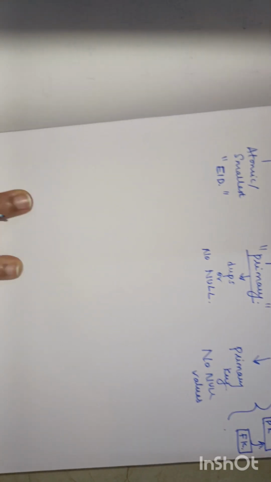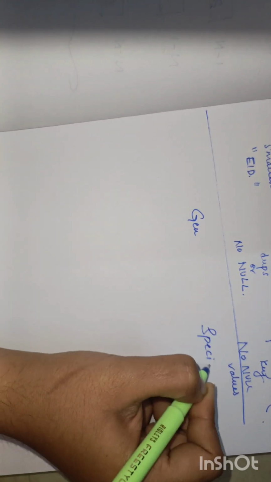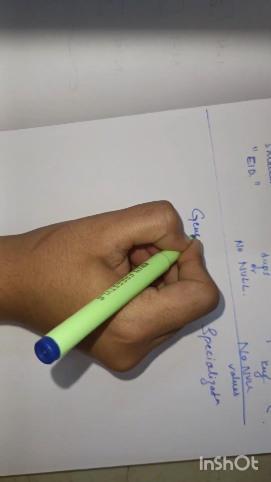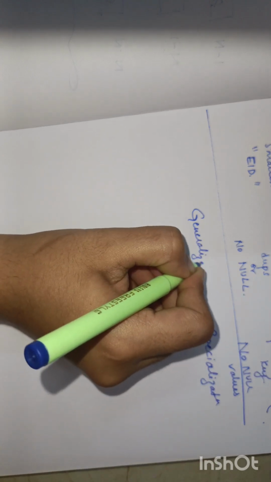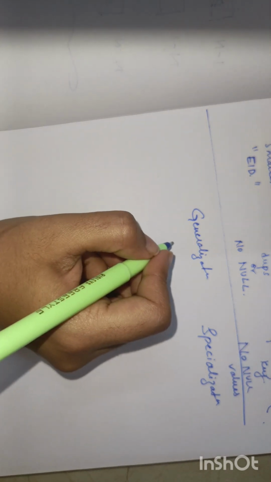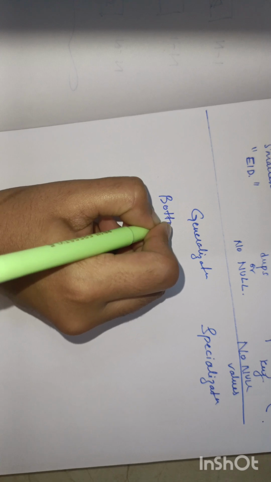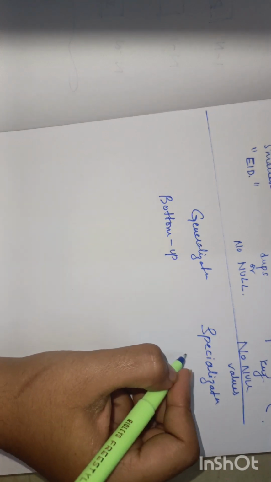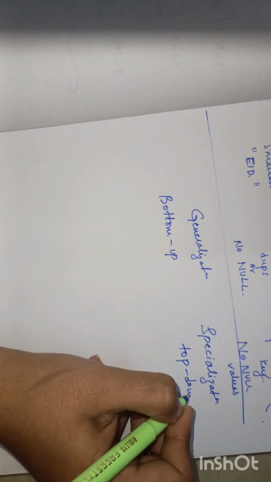Next we have two concepts called generalization and specialization. What is generalization and specialization? Generalization is a concept in which the common properties from a set can be generalized. Generalization is a bottom up approach, and specialization is a top down approach. So what does that mean?